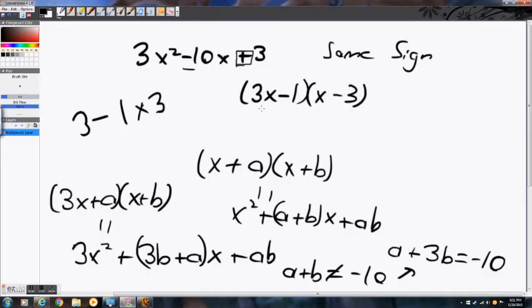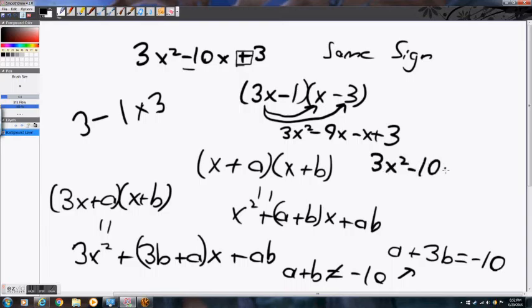The reason is because when we multiply this out, we get 3x squared minus 9x minus x plus 3. So 3x squared minus 10x plus 3. So if we factor this way, we have to make sure that 3b plus a equals the coefficient of the x term.